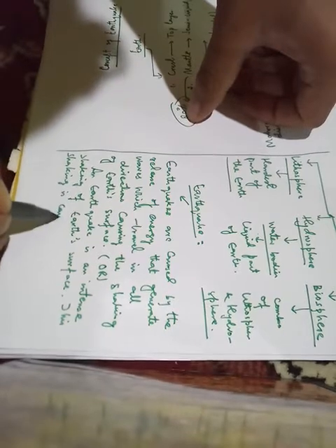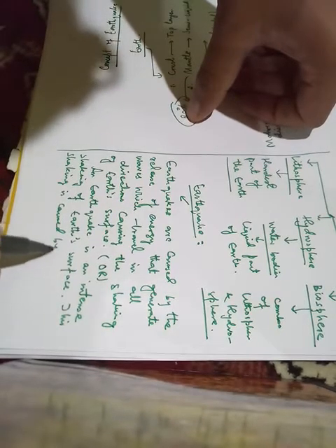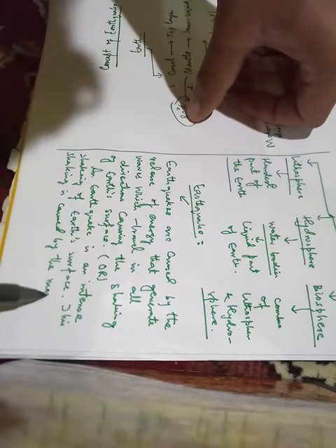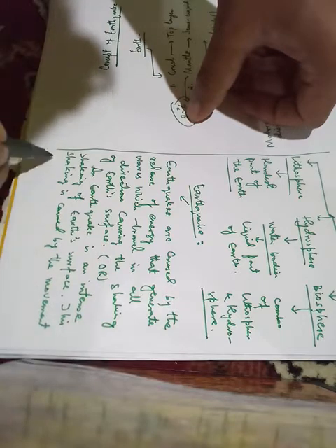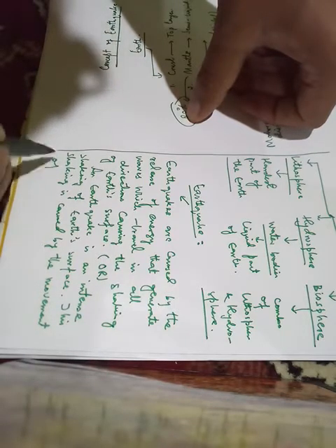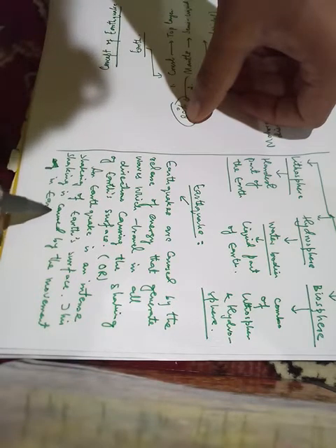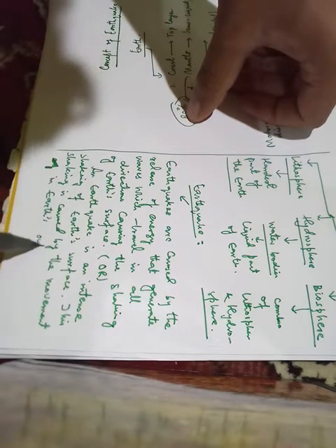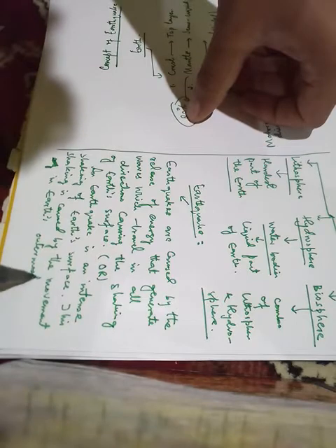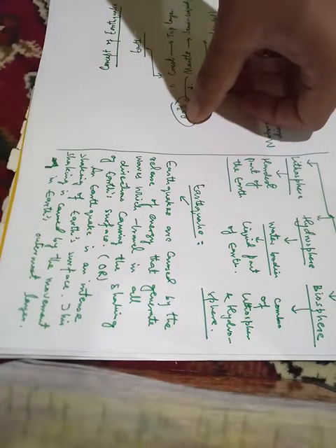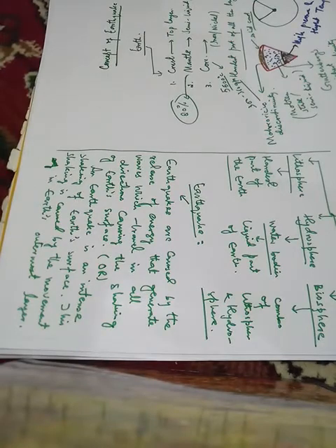This shaking is caused by the movement in the earth's outermost layer. Okay, beta, this is the definition of an earthquake. What are earthquakes? An earthquake is an intense shaking of the earth's surface.